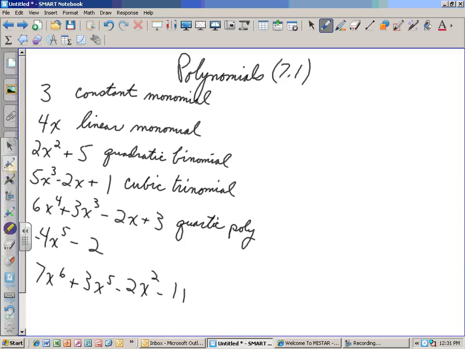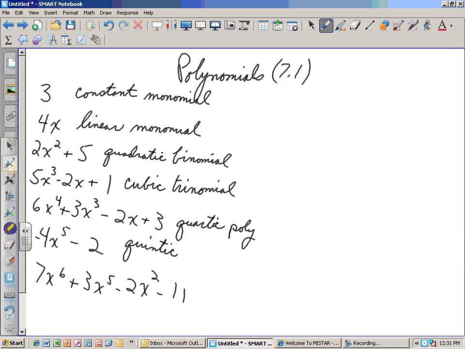Okay. All right. Negative 4x to the 5th minus 2. We have something to the 5th power. It is quintic. This is a quintic polynomial.